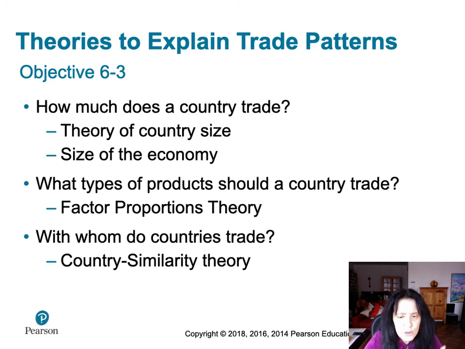Then we look at the other question: with whom do countries trade? Which is another question. And the country similarity theory tries to answer this question, right? Which says that companies create new products in response to market conditions in their home market.